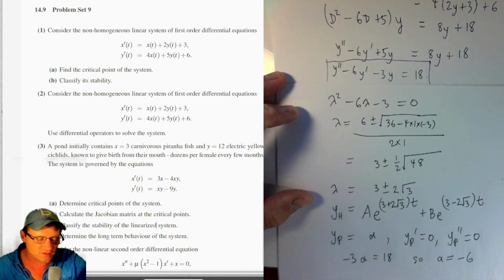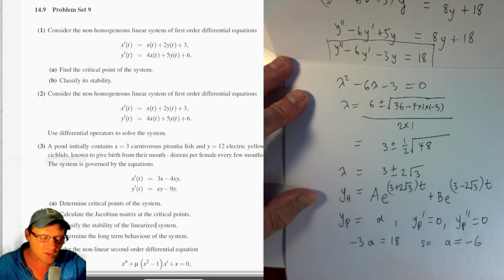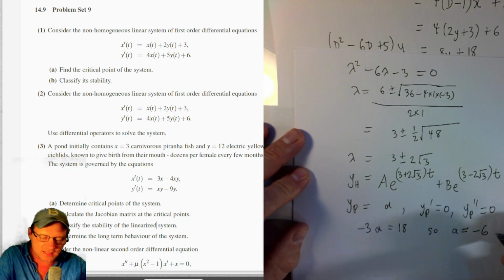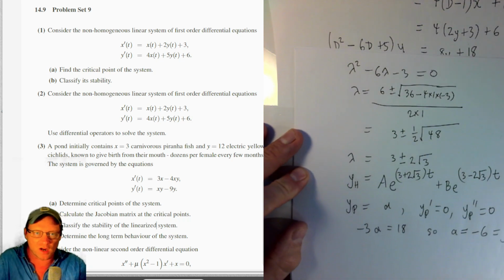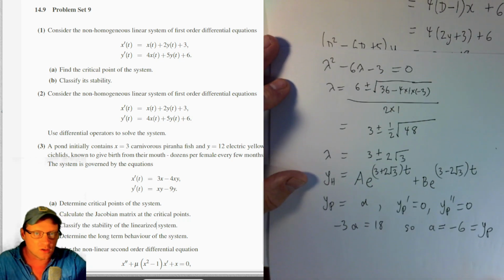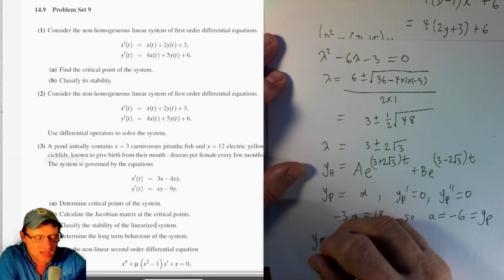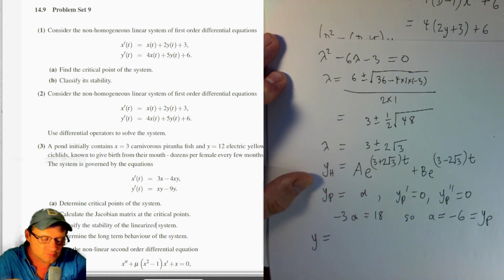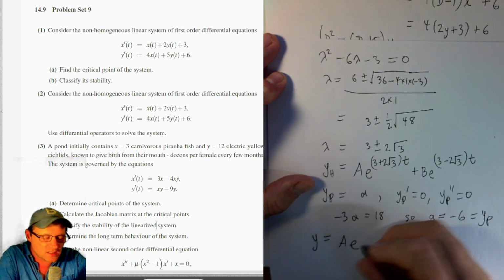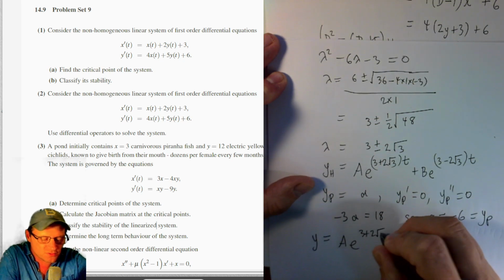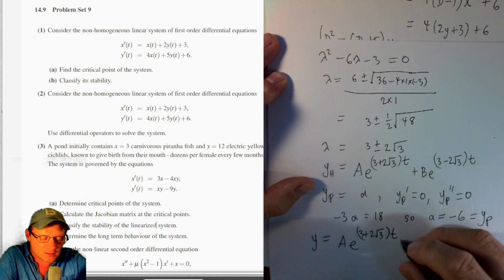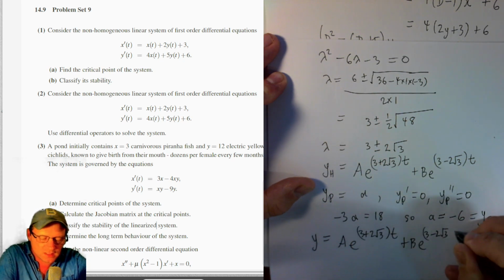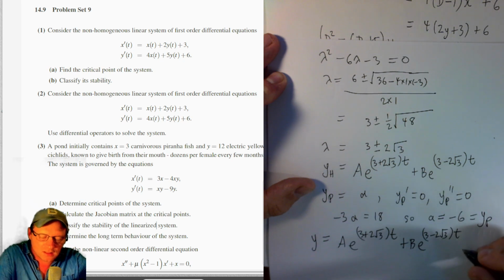Given that, we add this, which incidentally is our yp, to the homogeneous solution, and we have our general solution. y is equal to A e to the (3 + 2√3)t plus B e to the (3 - 2√3)t minus 6.